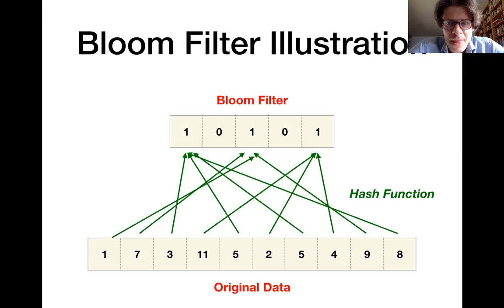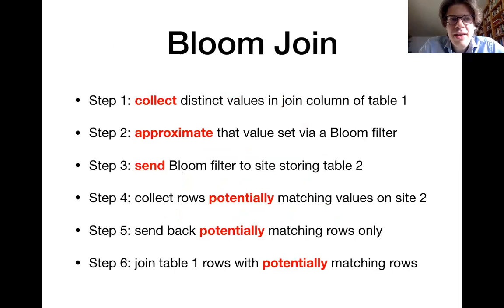All right. So the way we can use such Bloom filters in the join is, as you see here, again, as for the semi-join, we collect the distinct values in the join column of the first table. Then, and that's new, we approximate those values by a Bloom filter. We send this Bloom filter, which is fairly small, to the site which stores the second table.